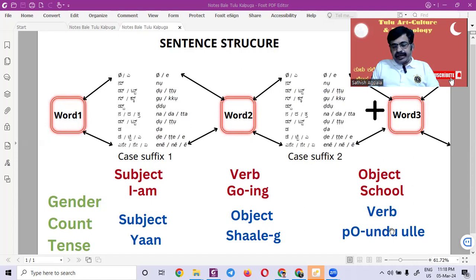This ಪೋವೊಂದುಲ್ಲೆ, the verb, is at the end, in the continuous form. ಶಾಲೆಗೆ ಯಾನ್ ಪೋವೊಂದುಲ್ಲೆ, that's also correct. ಪೋವೊಂದುಲ್ಲೆ ಯಾನ್ ಶಾಲೆಗೆ, that's also correct.